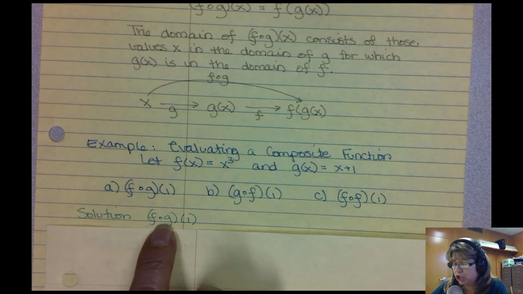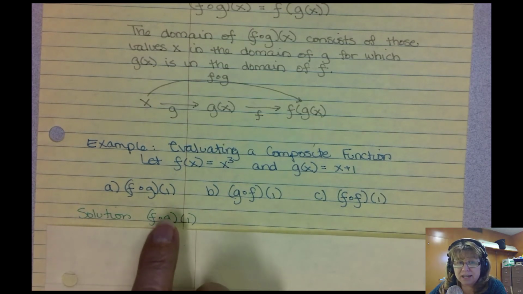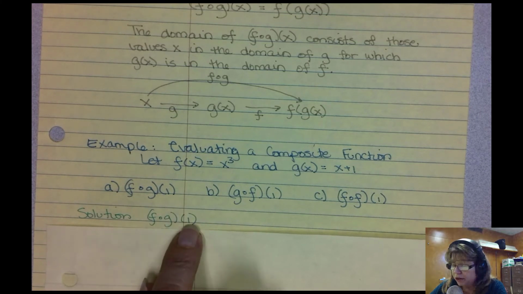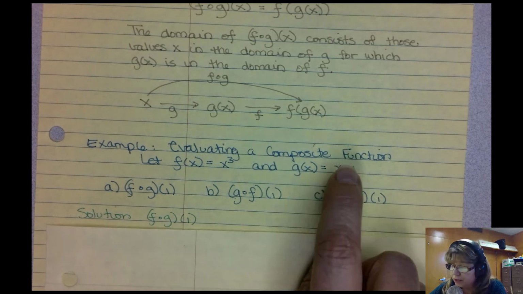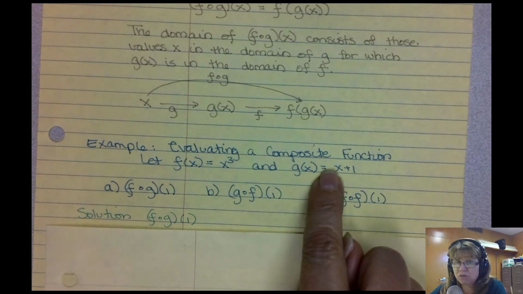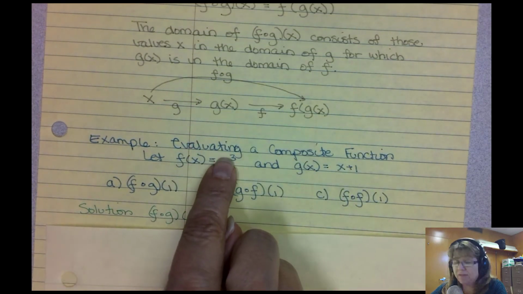Let's take the first: f of g of 1. Here's what it means. The second function, which is g, I'm going to evaluate using a 1. So I am literally going to put a 1 in here, figure out what it is. Once I figure out what g of 1 is, my result, I'm going to put it into f of x.